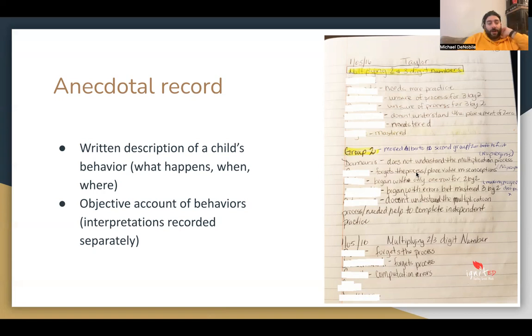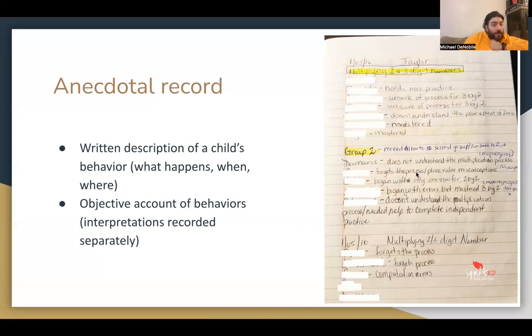Oftentimes we will see anecdotal records for behavior. One of the things that I wasn't doing at the beginning of my career that I wish I did more often was keep a notebook of anecdotal records day by day, especially if I had interactions with students, let's say I had an argument with a student.